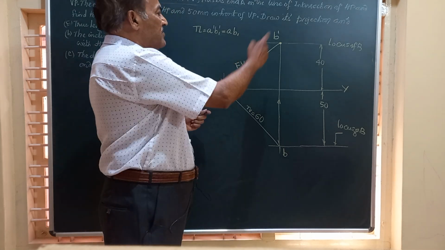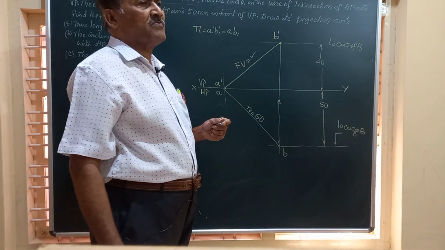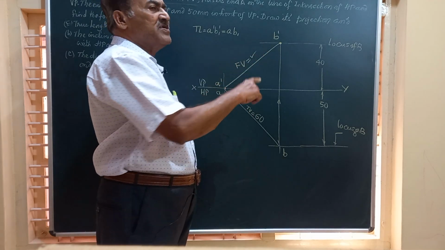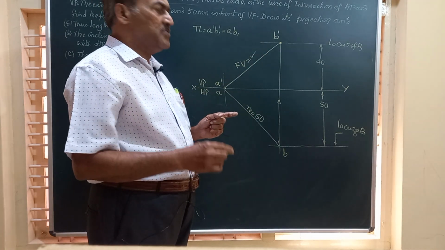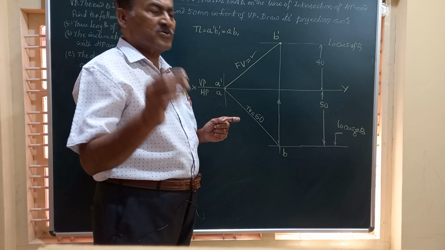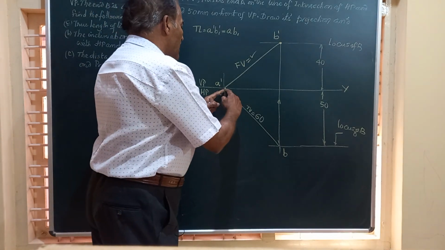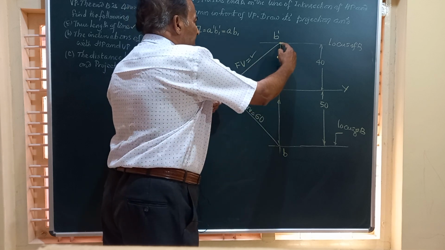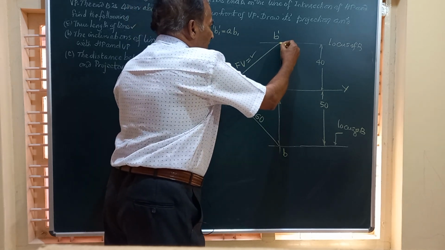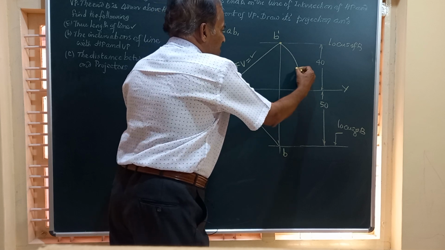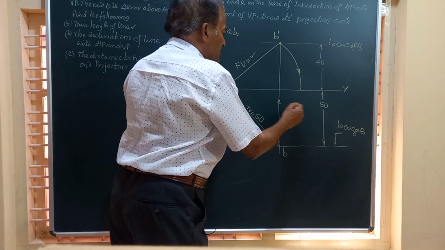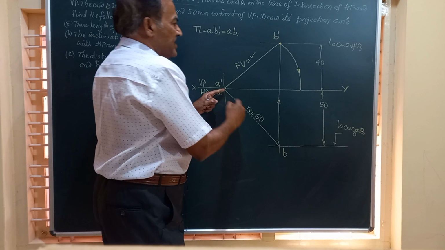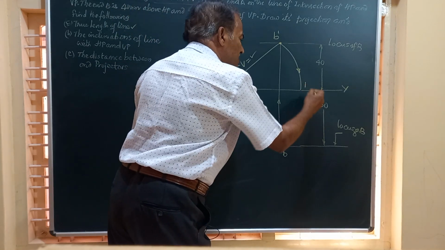Friends, you have the front view and you have the top view. By making one of these parallel to XY, we should be able to obtain the true length of the line. What I do, I take A dash as center and this front view length A dash B dash as radius. I am going to strike an arc till the locus of A. You will call this point 1, or whatever you want.